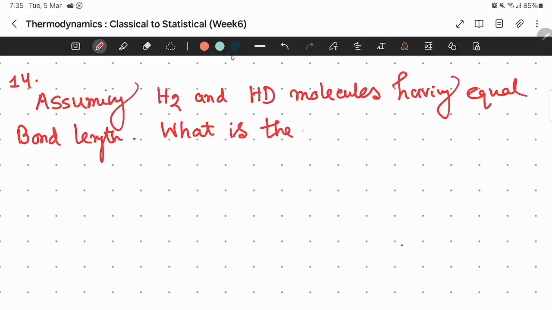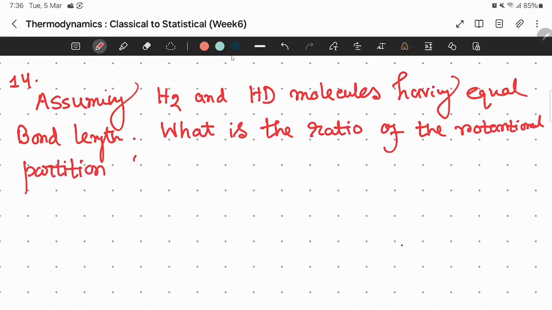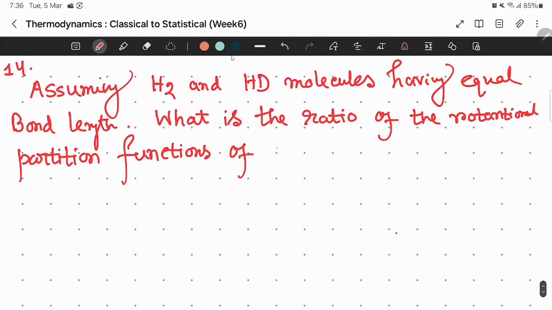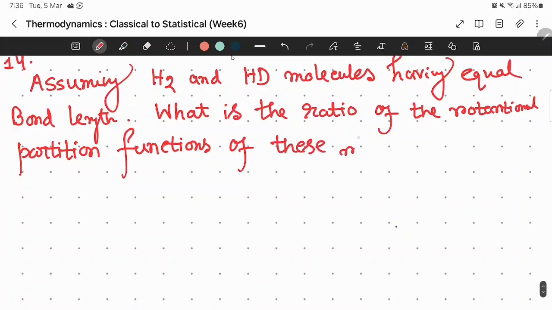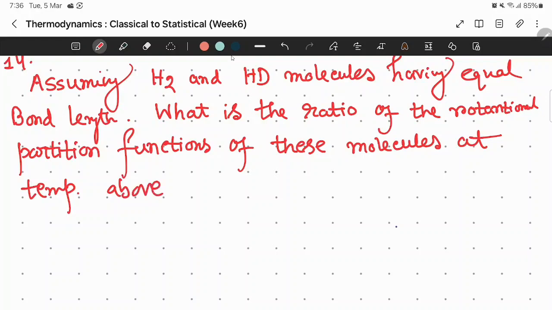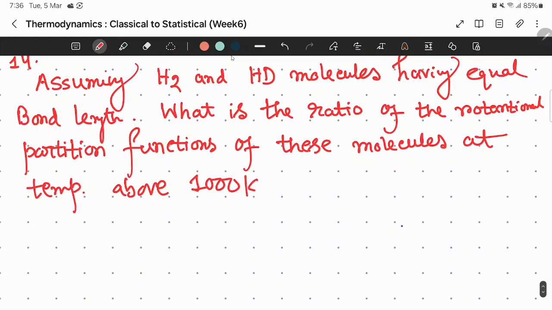What is the ratio of the rotational partition function of these molecules at temperature above 1000 Kelvin?